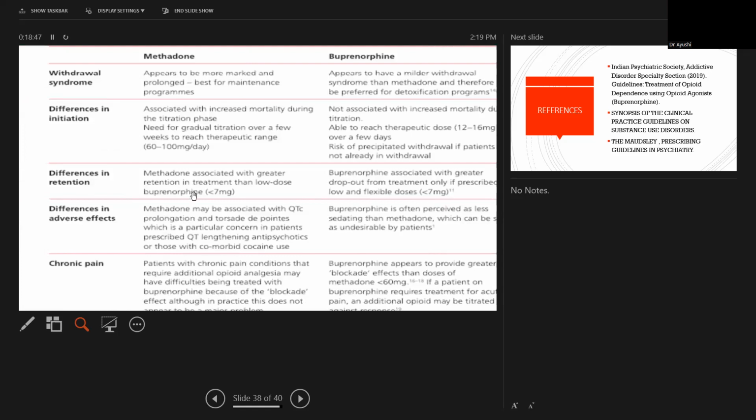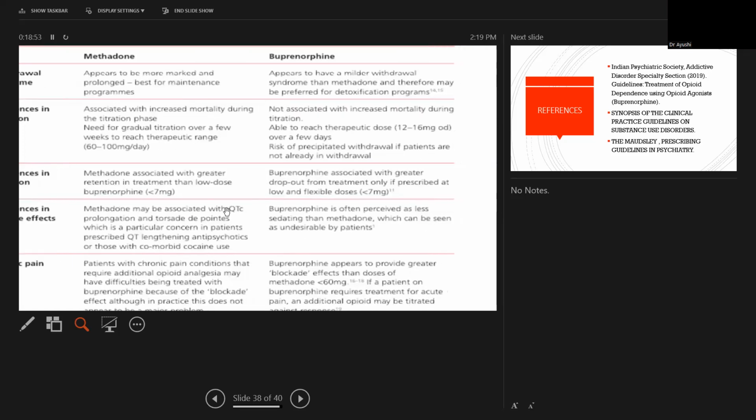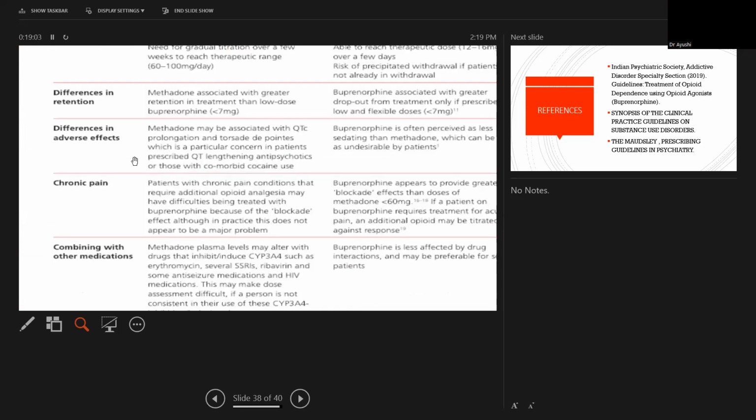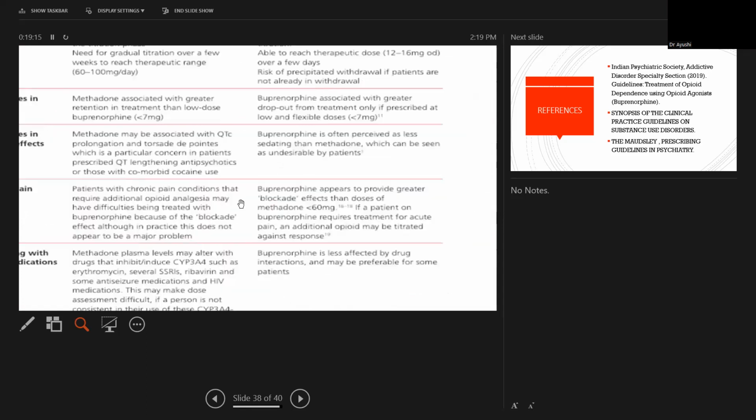Now, the difference in retention. Methadone is associated with greater retention in treatment than low-dose buprenorphine, and buprenorphine is associated with greater dropout from treatment when only prescribed at a low and flexible dose. Adverse effects: methadone may be associated with QT prolongation and torsades de pointes, which is a particular concern in patients prescribed QT-lengthening antipsychotics or those with comorbid cocaine use.